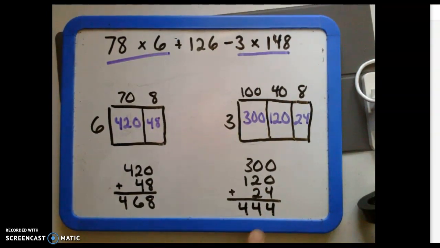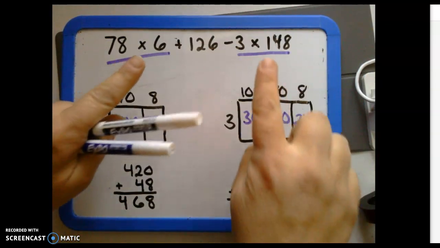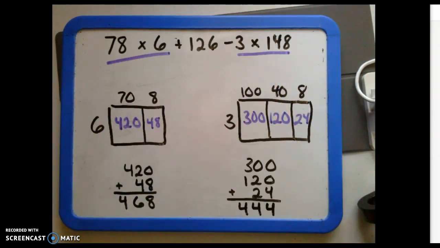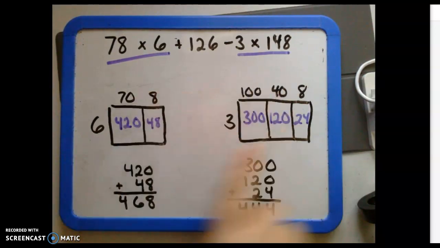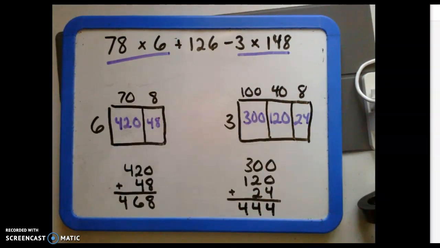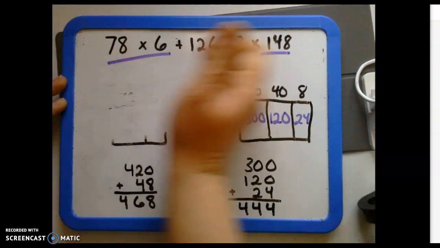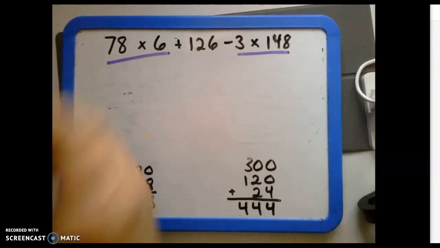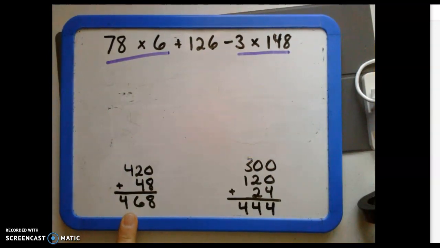So what we're going to do is we're going to take our answers to these parts of our multiplication, and we're going to replace this. So let's do that. I'm going to erase this, so if you need to pause the video, please do so. All right, so this answer was 468.